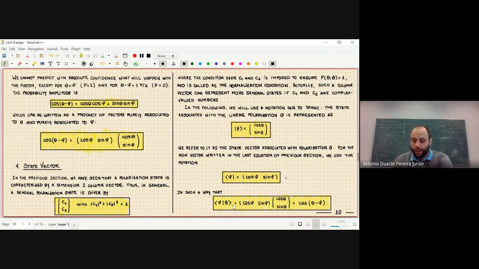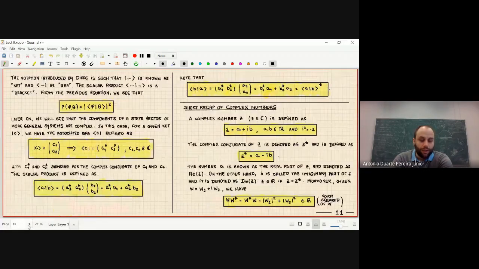Since this can be a complex number, in principle, if the state vector is a complex vector, and since this is being assigned to a probability, and probability is a real thing, I better take the absolute value here. So I take the absolute value and square it.